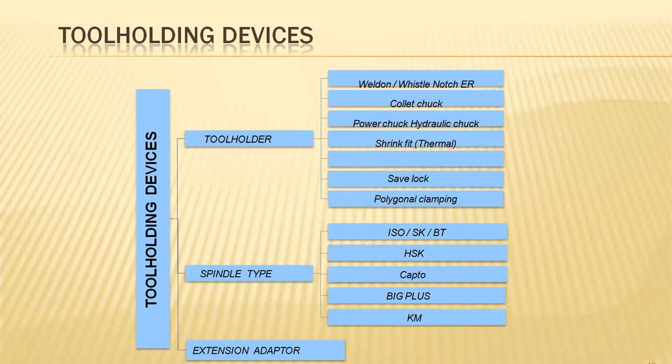These tool holder devices are again subclassified into different types. Those are Weldon or whistle notch, ER system type of tool holder, collet chuck type of tool holder, power chuck, hydraulic chuck, shrink fit, utilized for thermal related holding, capable of thermally holding objects, nothing but temperature holding objects.